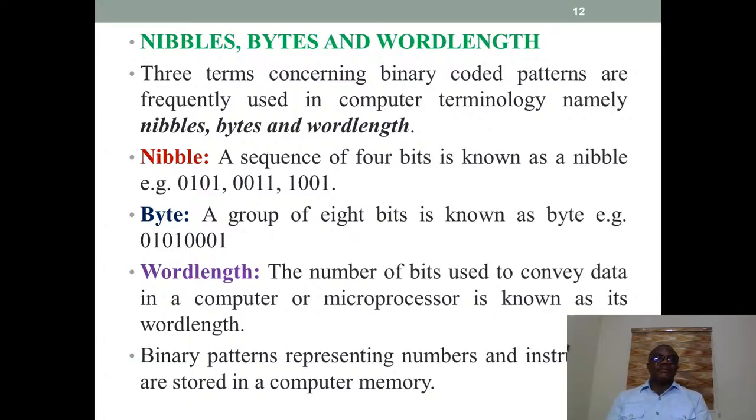It could be 7 bits, as we can see when the computer uses the ASCII code in form of 7 bits to represent any character. So we say binary patterns representing numbers and instructions are stored in the computer memory mainly. From there, it picks it to work.